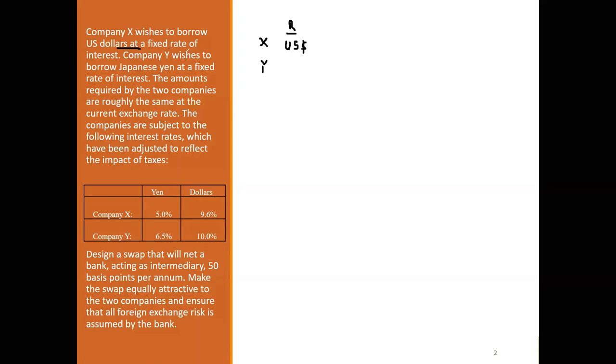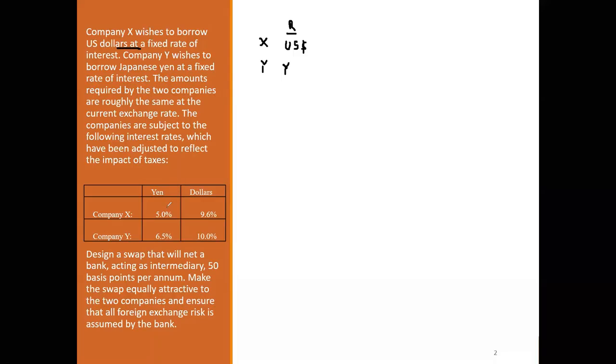And if you look at company Y, it wishes to borrow Japanese yen at a fixed rate of interest. So both of these companies want their liabilities as fixed rate loans. So this is simply changing the currency. We are converting only the currency here, not the interest rate.